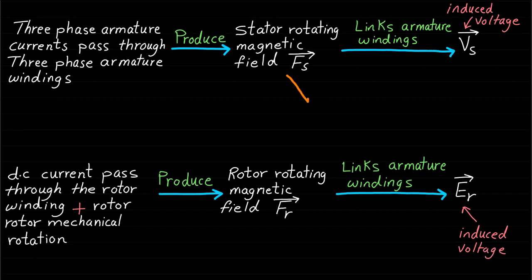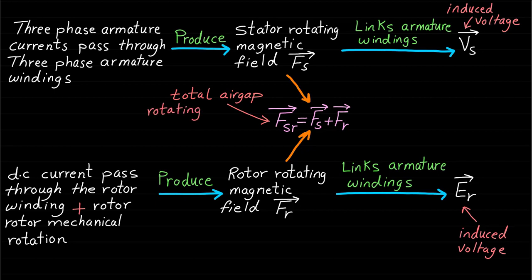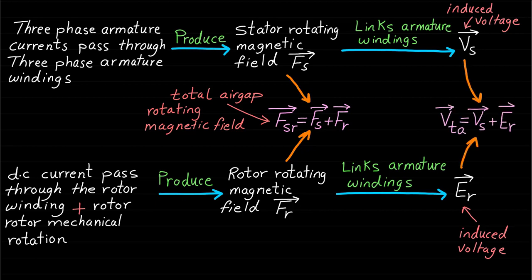The vector sum of the stator and rotor rotating magnetic fields will produce the total rotating magnetic field in the air gap, FSR. Also, the vector sum of the stator induced voltage Vs and the rotor induced voltage ER will produce the total terminal voltage of the armature windings, VTA.